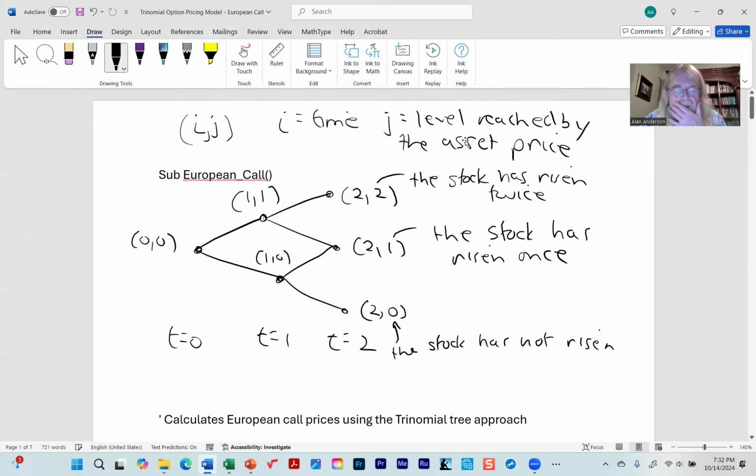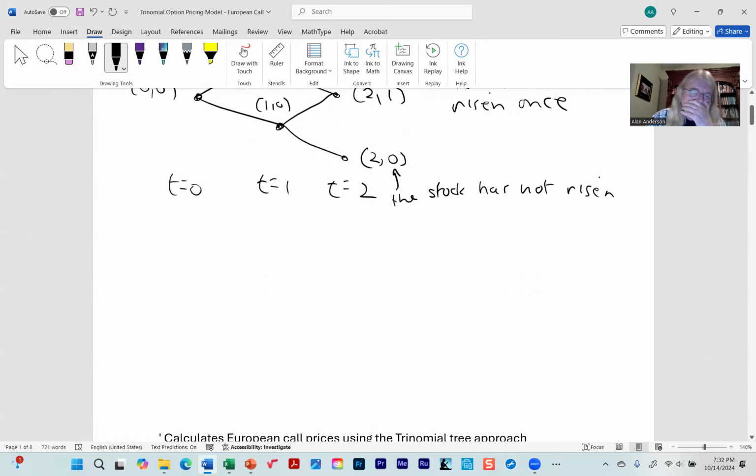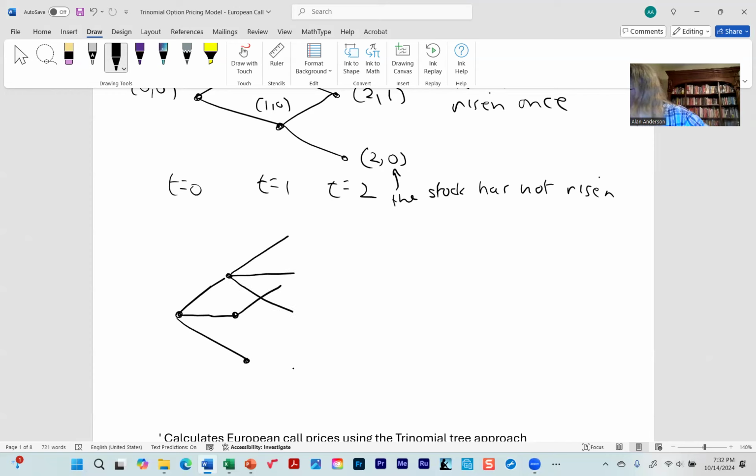So what's going to be different now? This is just because it seems to be more efficient this way. When you have a trinomial tree, it's more common to do this. I should be able to draw this properly with just two steps.